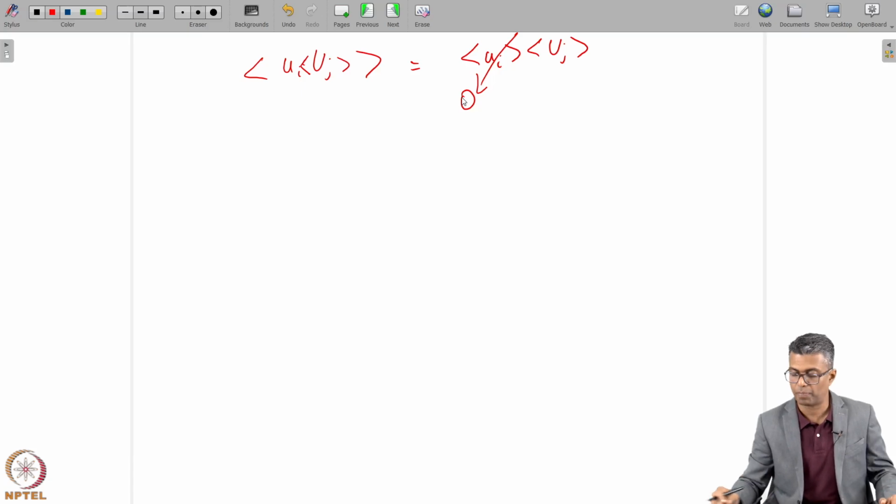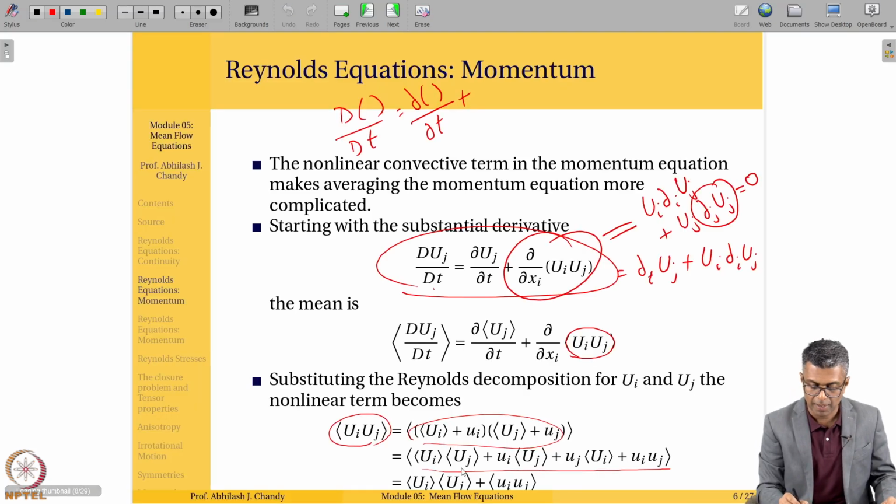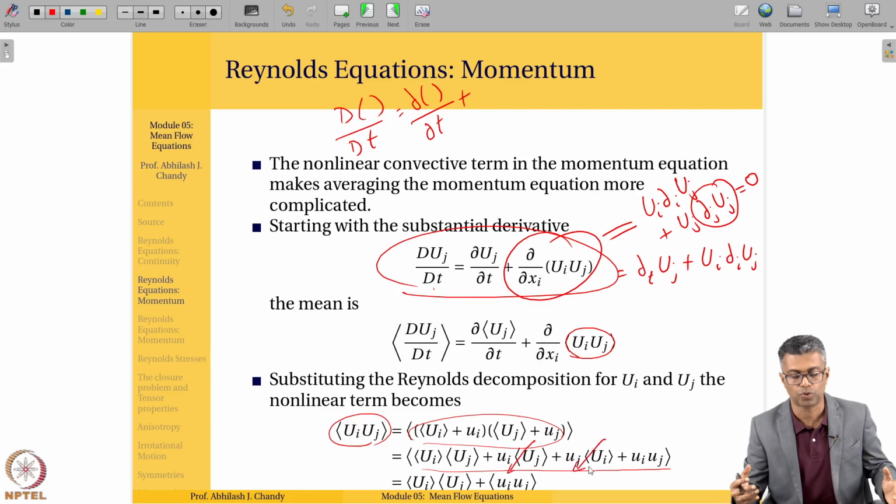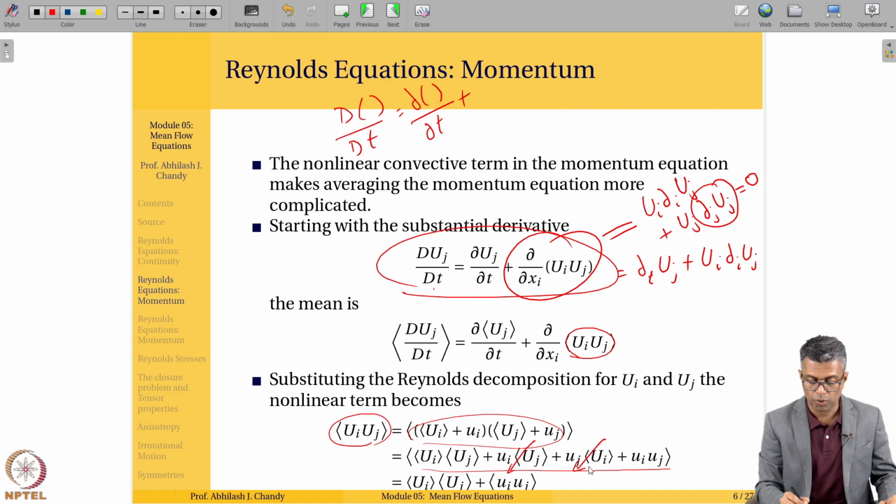Mean of the fluctuating component is 0. So that's what ends up happening here. These two terms go to 0, because when you take an average of that, those two terms go to 0. What you're left with is ui mean uj mean plus the mean of ui uj.